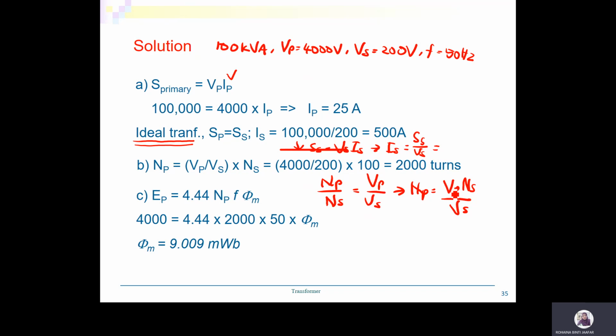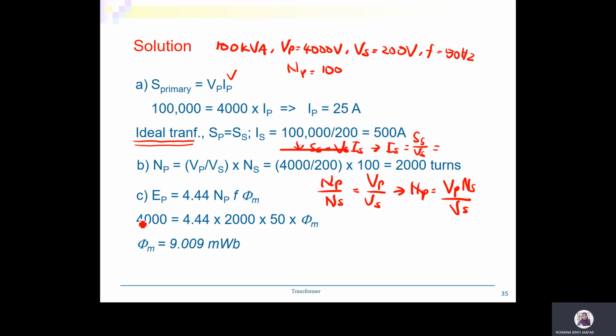So just substitute. Vp is 4000 times number of turns at secondary, which is 100, over your Vs, which is 200.